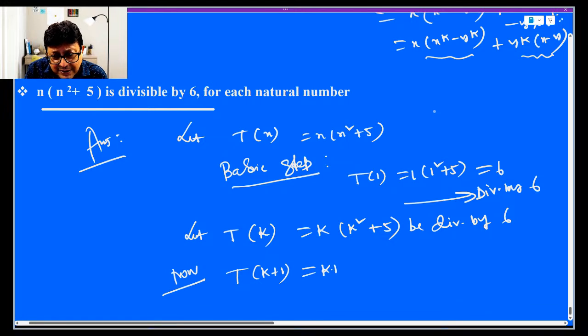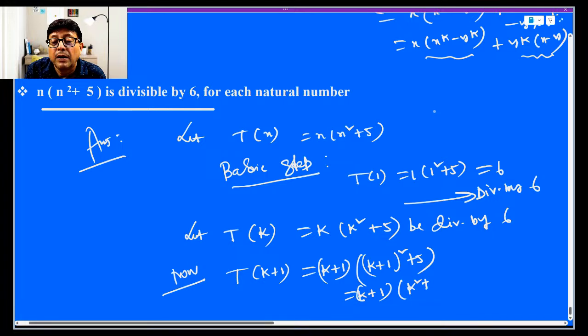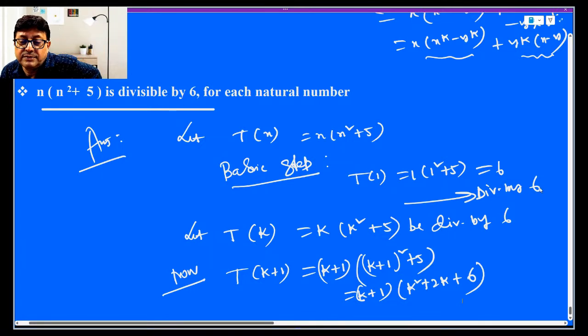What is that? Replace k by k plus 1. Okay, k plus 1 into k square plus 2k plus 6. This we got, tk plus 1. Am I correct? Check once. I am just replacing k by k plus 1.